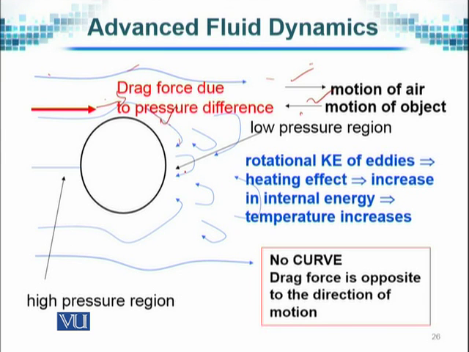Why do they move with the ball? Because due to viscosity, the particles that are very close to the boundary of the ball, they stick there. So the air is sucked downwards, and as it is sucked downwards, these curves are, of course, streamlines and reflect the streamlines of the fluid, in this case air.